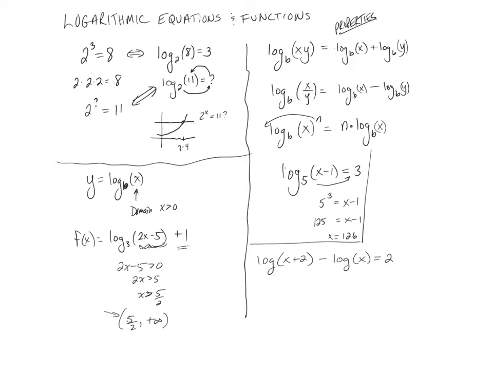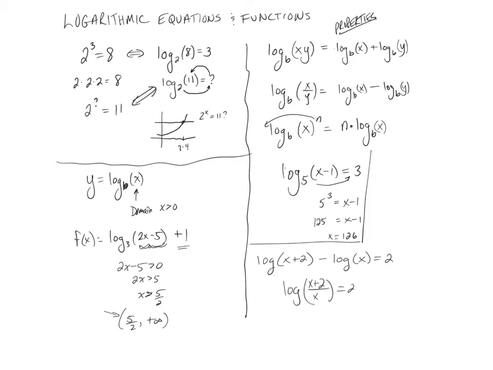So now what we're going to do is say, okay, this log equation has the difference of two logs, which we saw up here. So the easiest thing we can do is take those two separate log expressions and condense them down to one, and we'll get something like log of x plus 2 over x, and that's equal to 2.